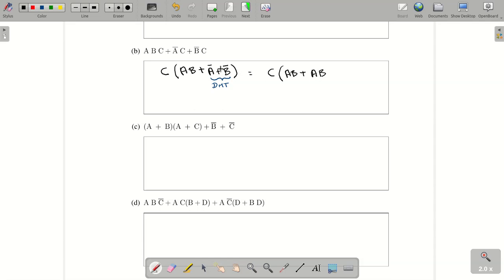So we had an OR here, so it goes into AND, and then you distribute the inversion over the two parts. Okay, and now we can very nicely see that these two will just again go to 1, and you're left with simply C.